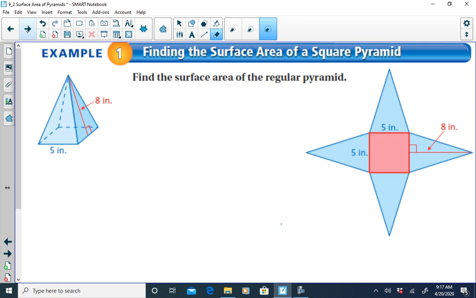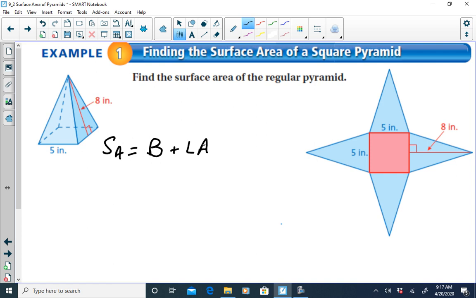We want to be able to find the surface area, and I like for students to do the following. Surface area is going to be equal to capital B, which represents the base area, plus the lateral area. That's the way I like for my students to start writing the formulas in grade 7.